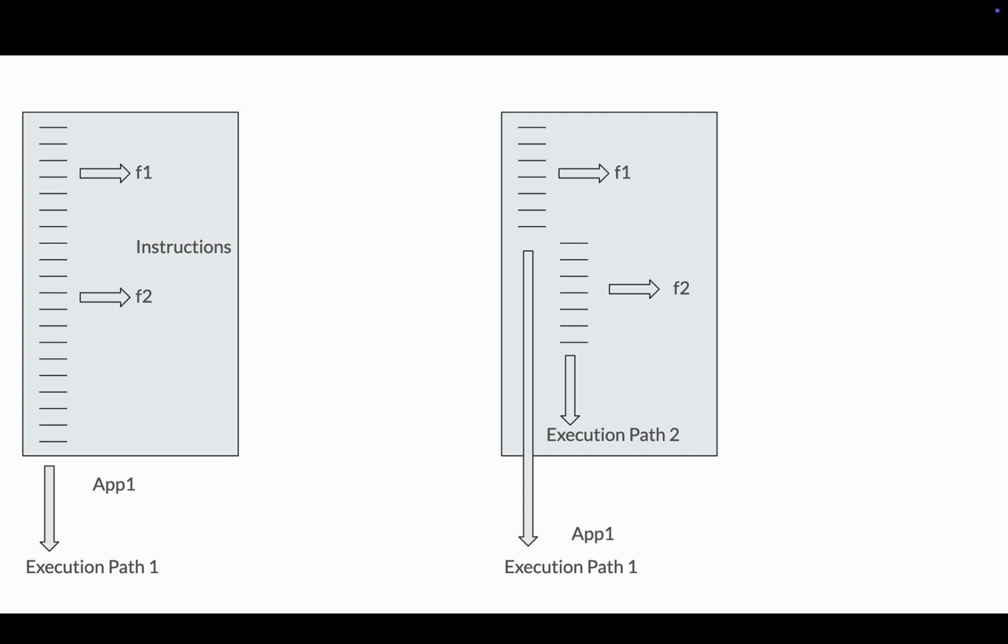To execute f2 independent of f1, f2 needs its own execution path, and the way we achieve this is through creating one more execution path. I want one more execution path for f2. Currently, it is the same execution path as main, which is execution path 1.